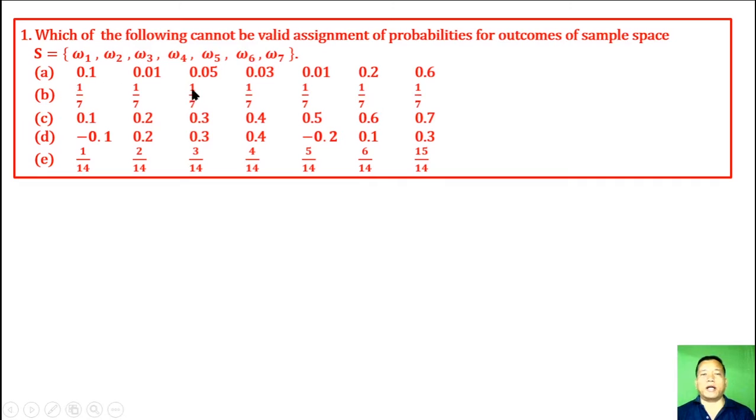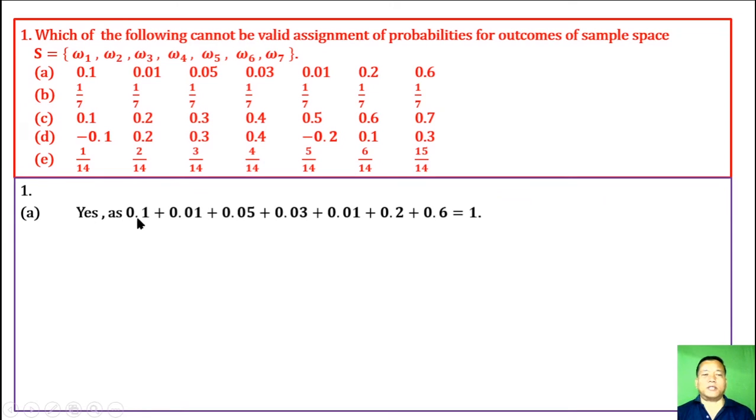These values are greater than 0 and less than 1. Now we have to test whether the sum of these 7 probabilities is 1; then these are valid assignments of the outcomes of the sample space S. Yes, as the sum of all probabilities is 1, these values are a valid assignment of probabilities for outcomes of the sample space S.